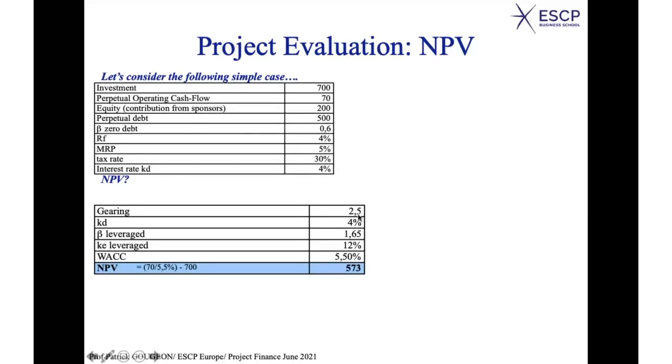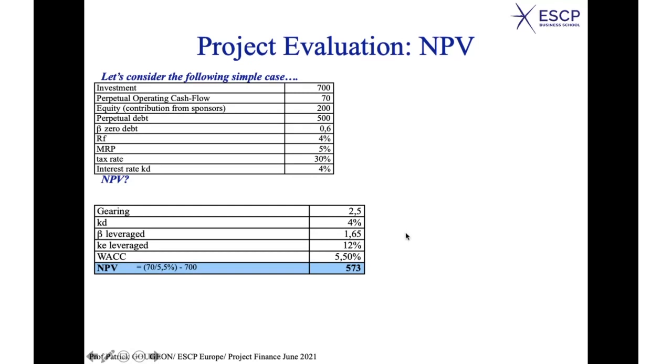What is the leverage beta? The zero debt beta is 0.6. So the leverage beta would be 0.6 times 1 minus 30% times the gearing, and you would find 1.65. You just use the formula we have just discussed before.